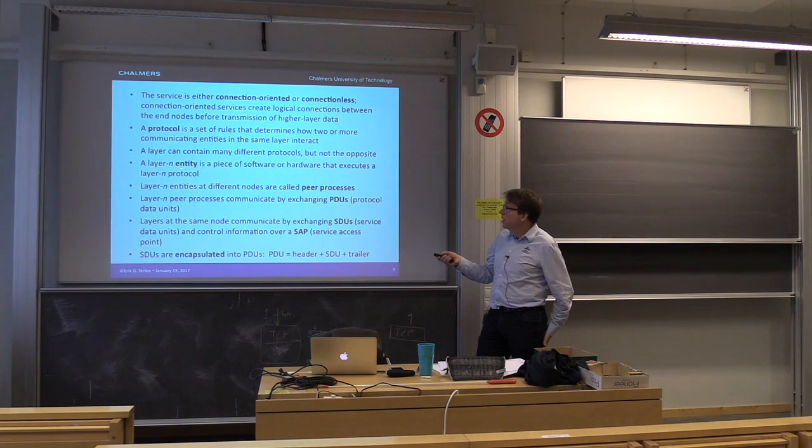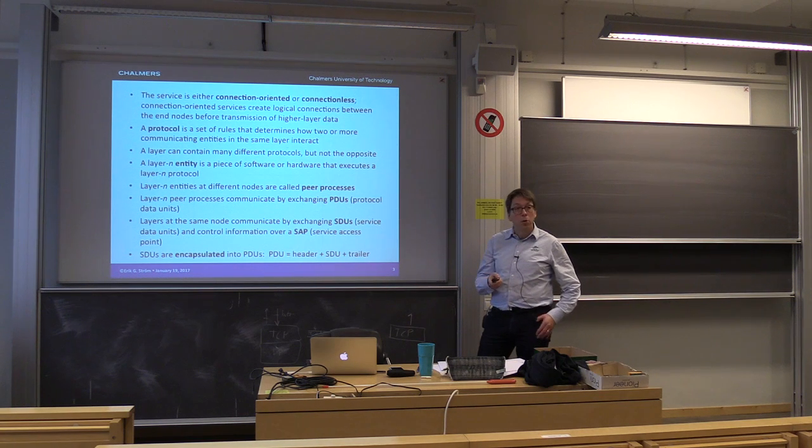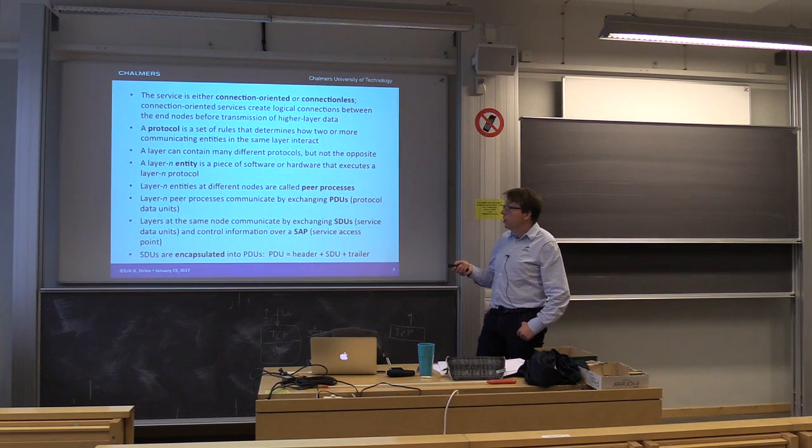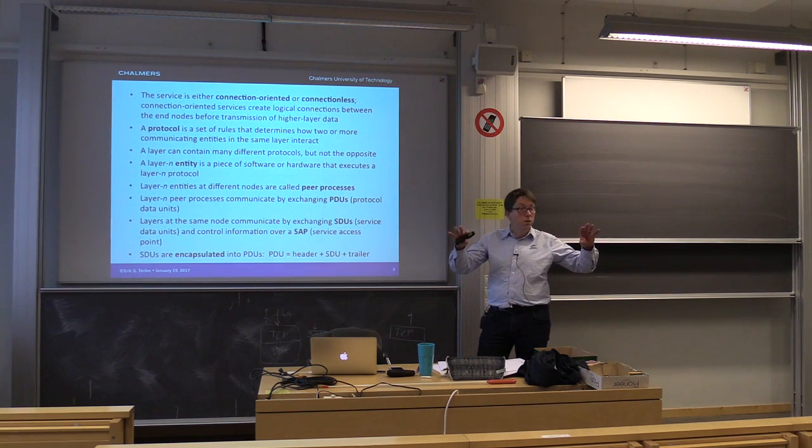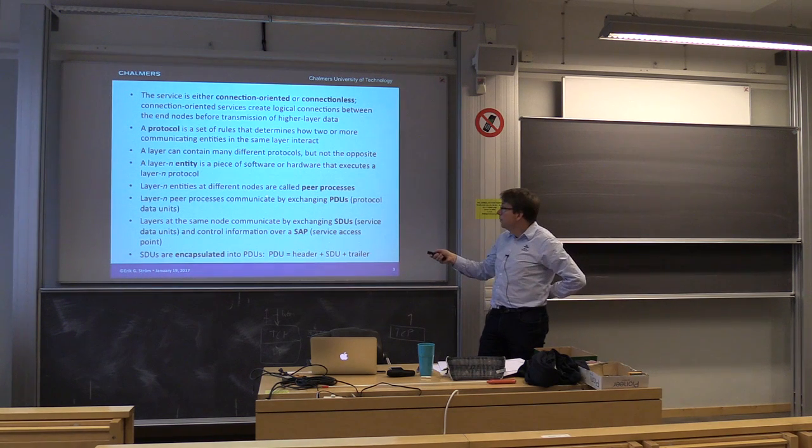An entity at layer N is a piece of software or hardware which is executing the layer N protocol. Entities at different nodes are called peer processes because they are peers, equals, in the hierarchy. They communicate by exchanging PDUs, protocol data units.